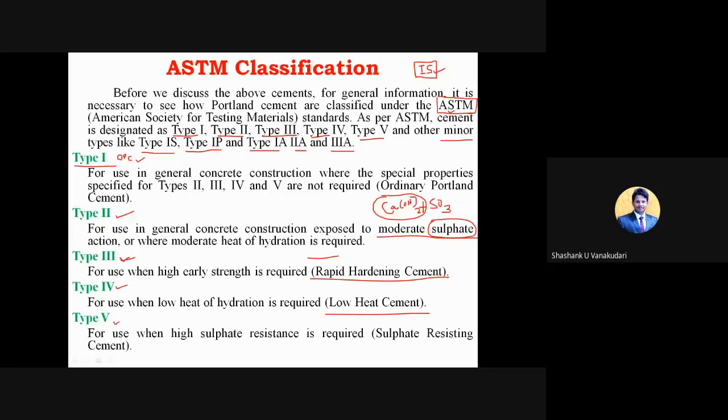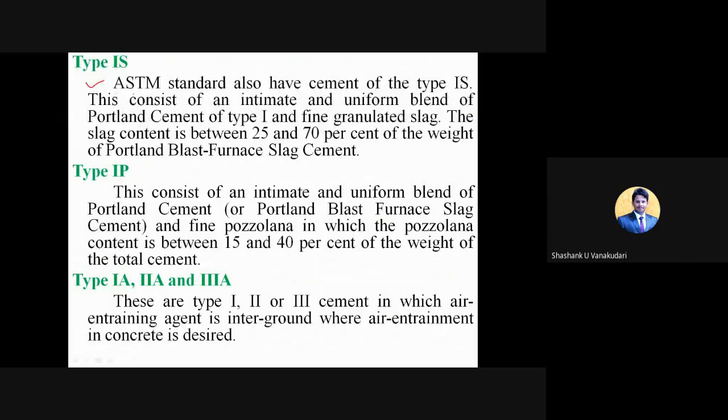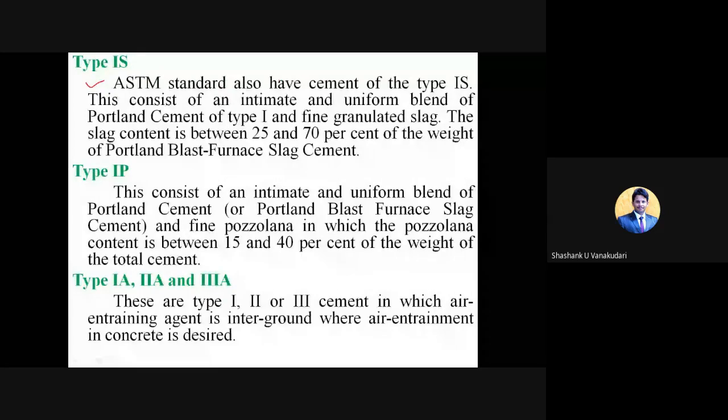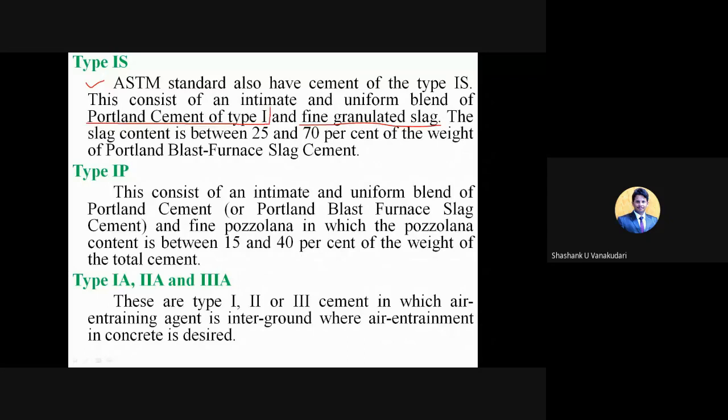And then type IS, in the ASTM standard, is a cement that consists of an intimate and uniform blend of Portland cement of type 1 and fine granulated slag. Just check it. Along with the Portland cement of type 1, which we can call OPC, they add some additives like fine granulated slag, which is a waste product from certain industries.